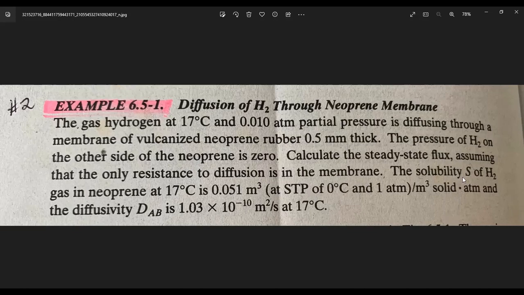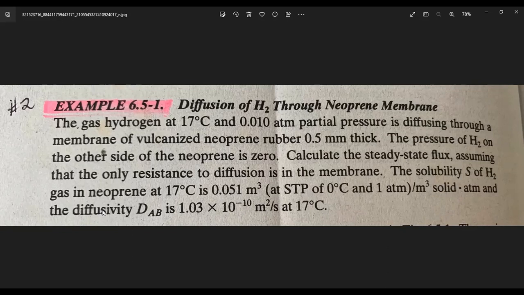The solubility S of H2 gas in neoprene at 17 degrees Celsius is 0.051 cubic meter. This is at standard temperature and pressure of 0 degrees Celsius and 1 atm. So the unit for the solubility is 0.051 cubic meter per cubic meter of solid neoprene rubber, per atm.